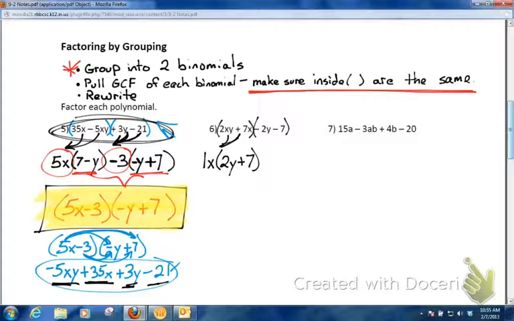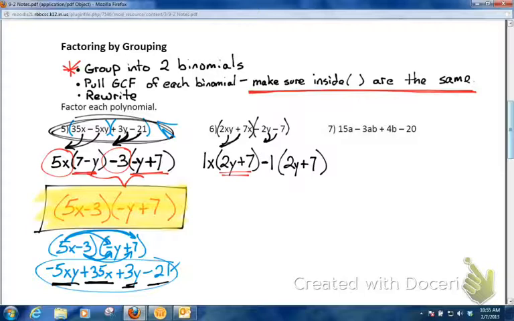Looking at this, again, negative 2 and negative 7 have nothing in common. I'm guessing, though, that since I want my leftover parentheses here to match this parentheses, if I want this to be a 2y plus 7, it tells me that obviously up here I'm going to need to factor out a negative 1, not just a positive 1.